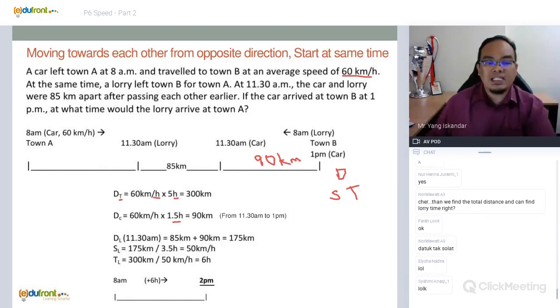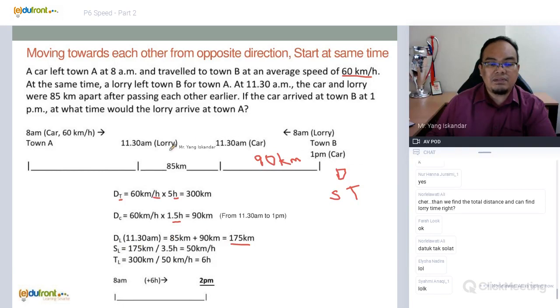Okay, so what is the distance traveled by the lorry then? Since the lorry traveled from here, it is 90 kilometers plus 85 kilometers, you get 175, right? So from here to here is 175, which is the distance traveled by the lorry. Now, what about the speed of the lorry?